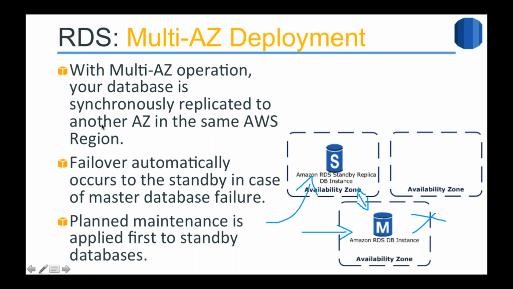You don't have to do anything. That is what this point says here: failover automatically occurs to standby in case of master's database failure. In other words, you have two databases running in master configuration, and the replication happens automatically, and failover also happens automatically. Only one catch is you cannot start using both of them at the same time.